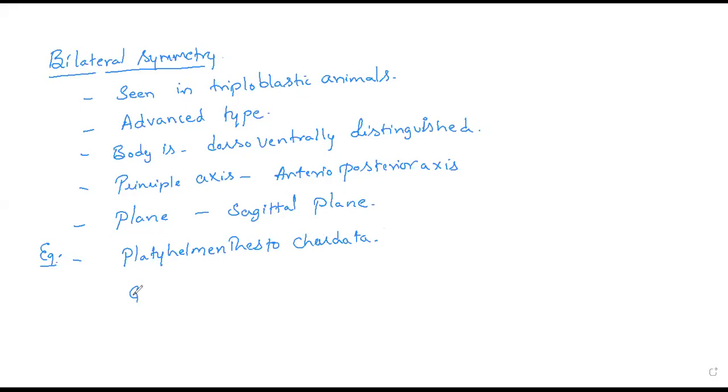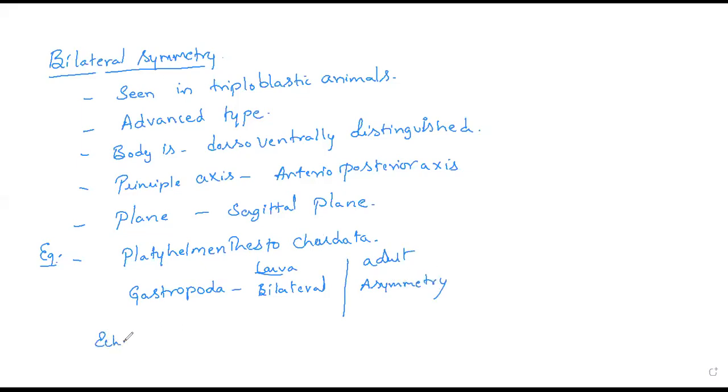And Gastropoda is there. Larva and adult: the larva exhibits bilateral symmetry, and the adult exhibits asymmetry.